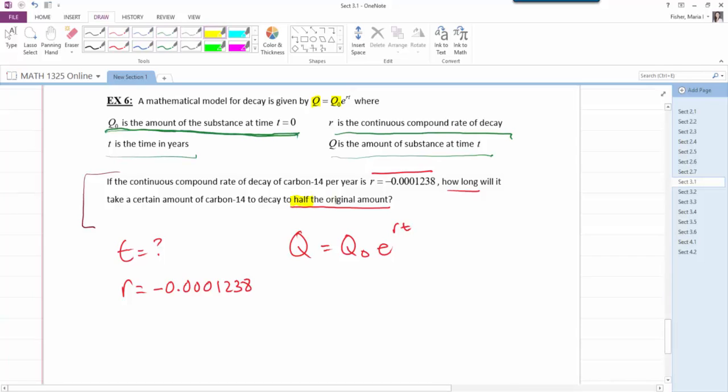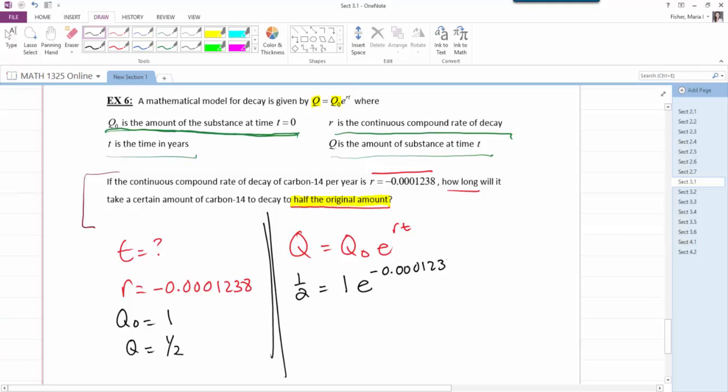And we're trying to figure out how long it's going to take for it to be half the original amount. So if we say that Q naught is equal to 1, half of 1 is a half. So we're going to say that Q is equal to a half. Plugging this in, we'd have 1/2 = 1 times e to the power of our rate, -0.0001238, and our time is what we're looking for.